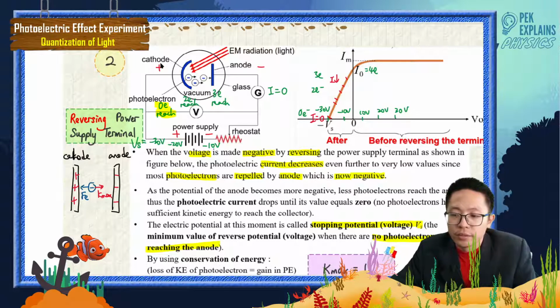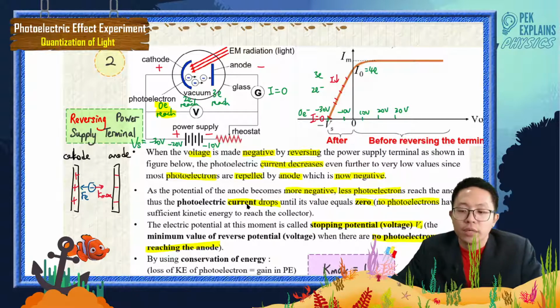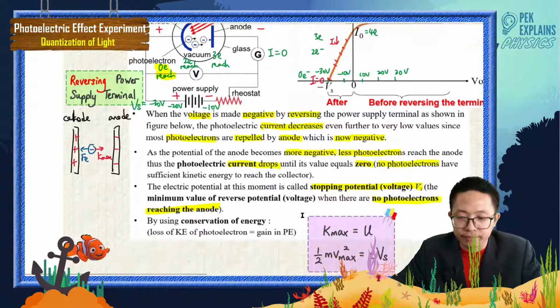So now it becomes more negative. Fewer photoelectrons will reach the anode, and the current will drop to 0. That means no photoelectron can reach the collector.